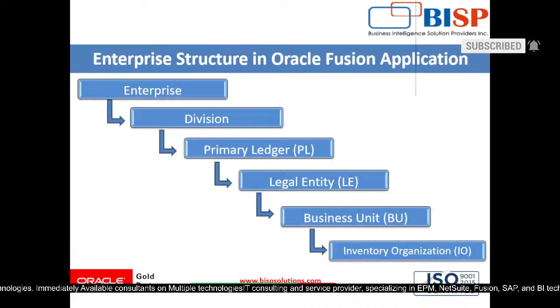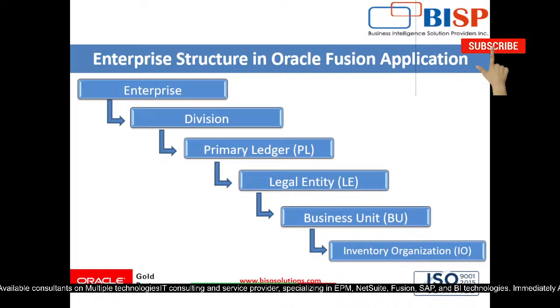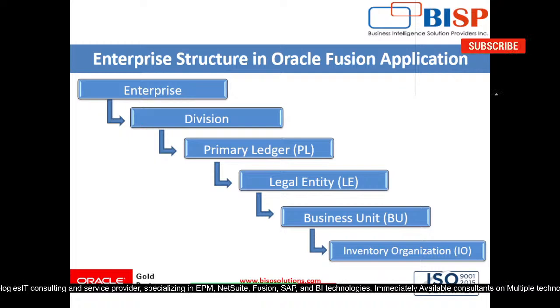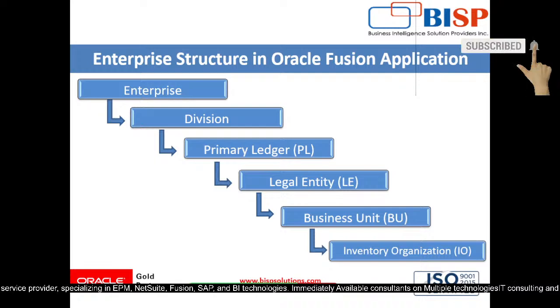So this is our enterprise structure where the top level enterprise captures the name of the deploying enterprise and the location of the headquarter. We have the division. So you can create the division as per your client requirement. For example, we have the Tata Group. Suppose we have two divisions: first is Tata Steel and another one is Tata Motors.